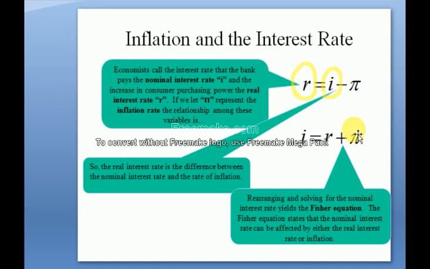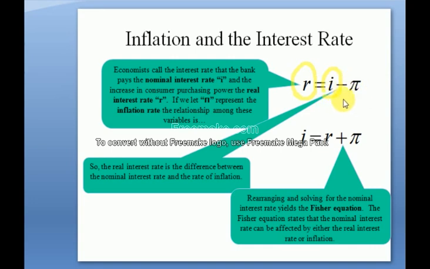When we calculate the real interest rate, we need to subtract the actual or expected rate of inflation from the nominal, meaning R is equal to I minus pi. I means nominal interest rate minus pi, the inflation rate.